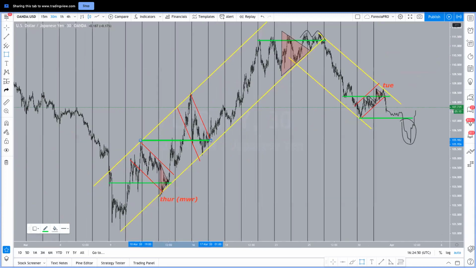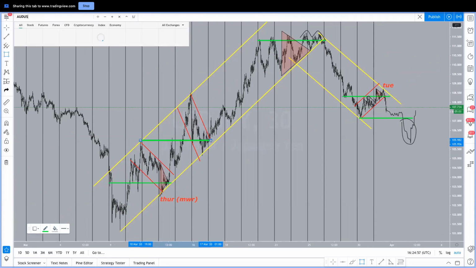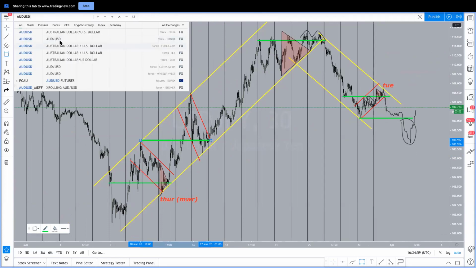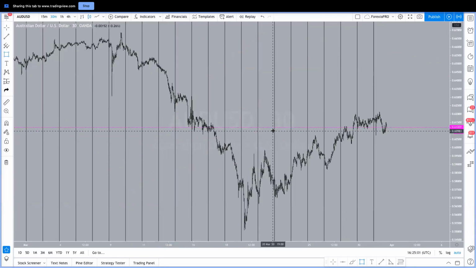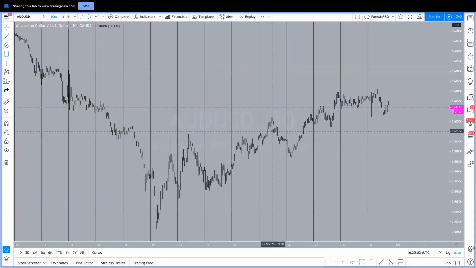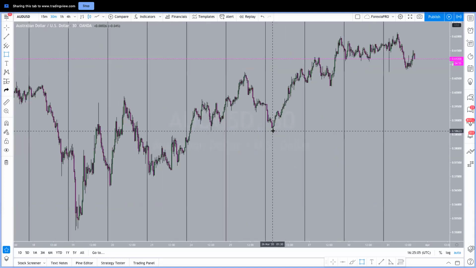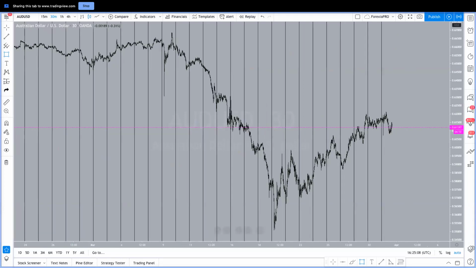Now this was USD JPY. Now we've got AUD USD. AUD USD also. This was more like macro.